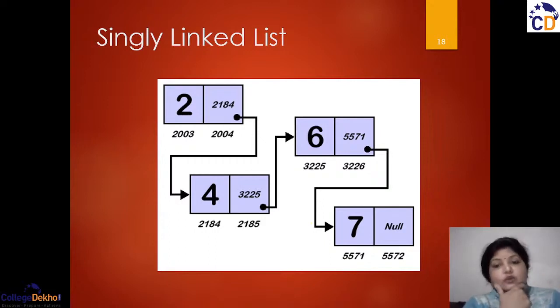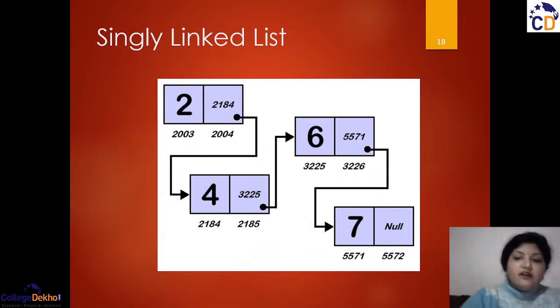They are not stored consecutively. Wherever they find space of that particular type, they store that data, right? And at the last of the linked list we have null to end the linked list. We don't have an address in the last element.